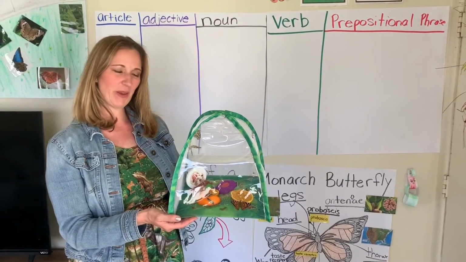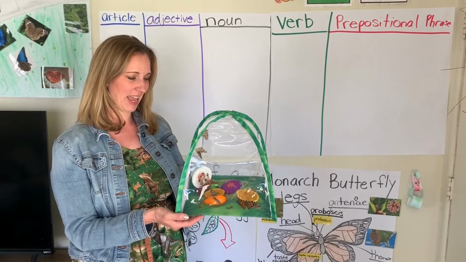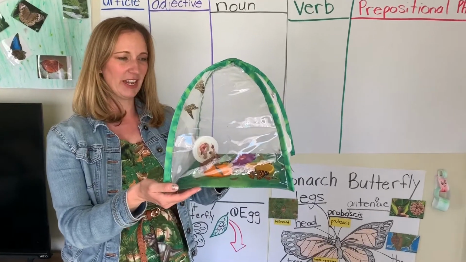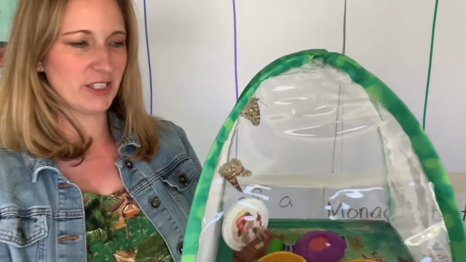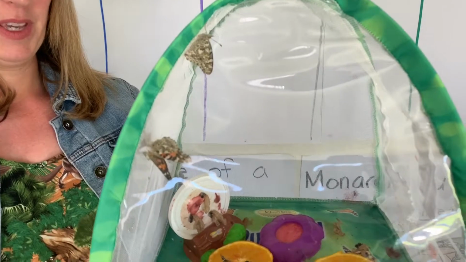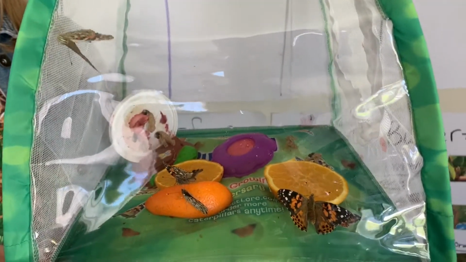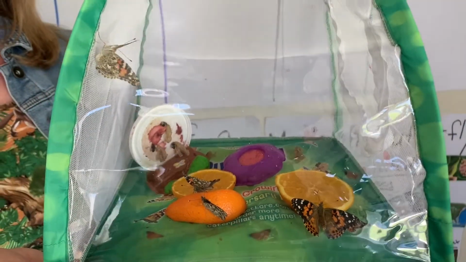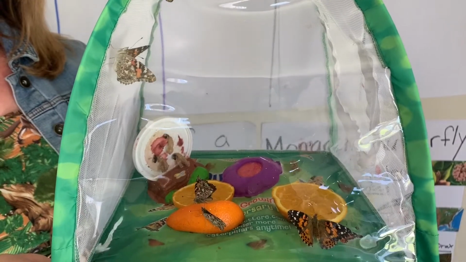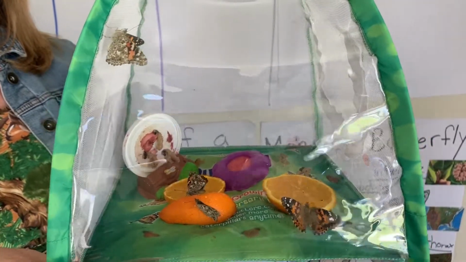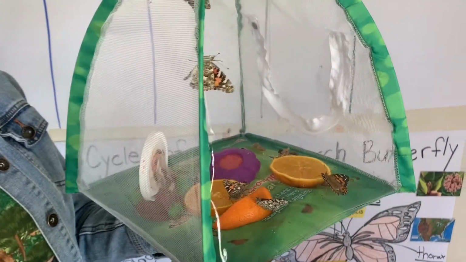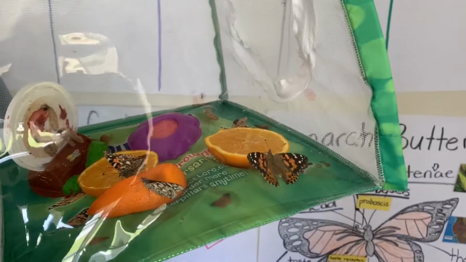I wanted to show you our butterfly friends today so you could take a nice look at how they're doing and what they're doing, because we're going to talk about butterflies in just a minute. You can see them crawling on the net. You can see some drinking from the orange.